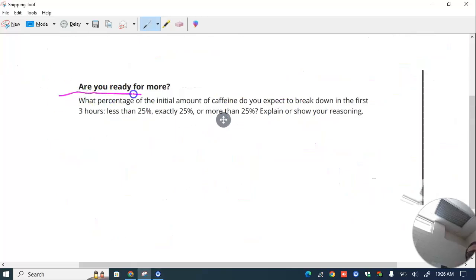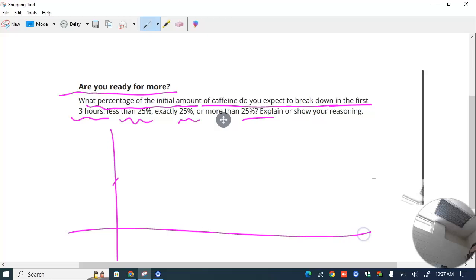So there's one more question they ask also. What percent of the initial amount of caffeine do you expect to break down in the first 3 hours? Is it less than 25, or exactly 25, or more? Now, if you see like this, the amount of caffeine in the beginning, let's say this was 100. And I'll write 1 6-hour period, 2 6-hour periods.